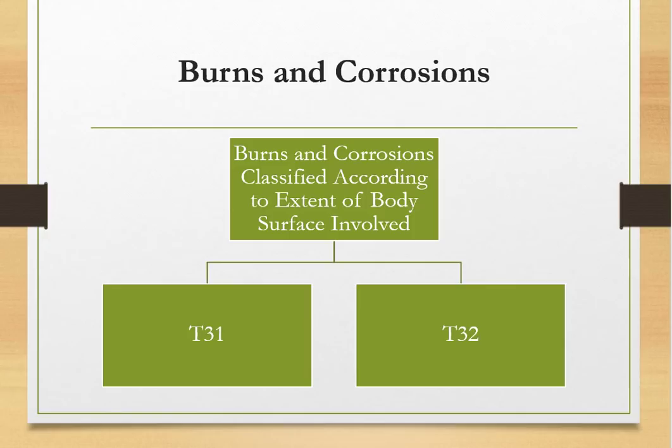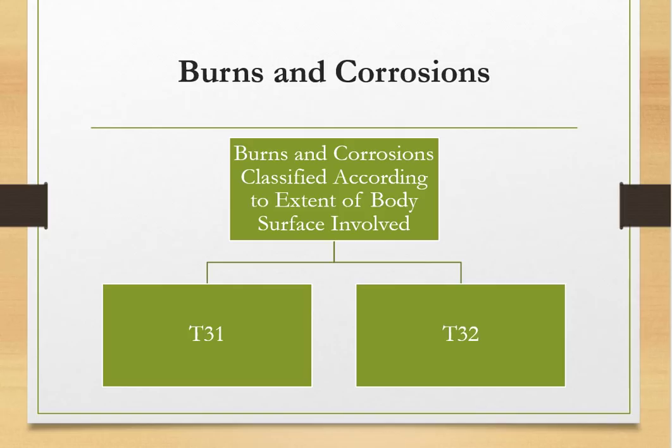It is also advisable to use T31 as an additional code for reporting purposes when there is a mention of a third degree burn involving 20% or more of the body surface. And our codes in categories T31 and T32 are divided based upon the rule of nines. That's the classic rule of nines that you learn.